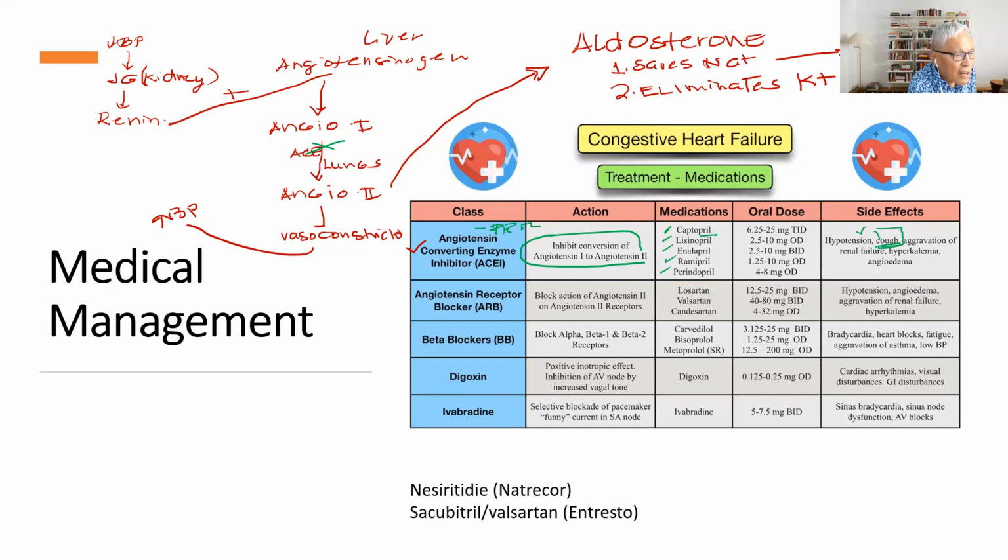And this is a common question in NCLEX. This cough is something that cannot be treated with anti-cough medications. So it's something that you have to teach the patient that this is a normal, expected adverse reaction. And in fact, if the patient cannot tolerate that, that would be the reason why we would go to angiotensin 2 receptor blockers. All right?